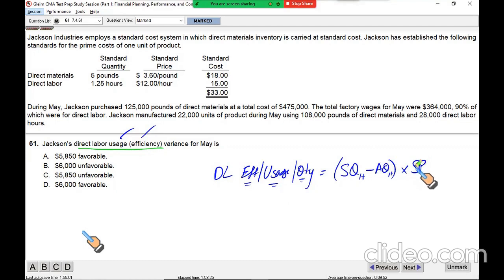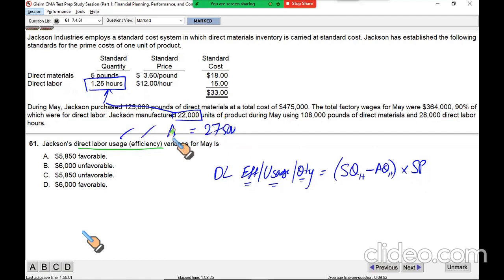As per our standard, we should use 1.25 hours for each unit. How many units did we produce? We produced 22,000 units. If each unit is supposed to take 1.25, then 22,000 units should consume 22,000 times 1.25. It should use 27,500.